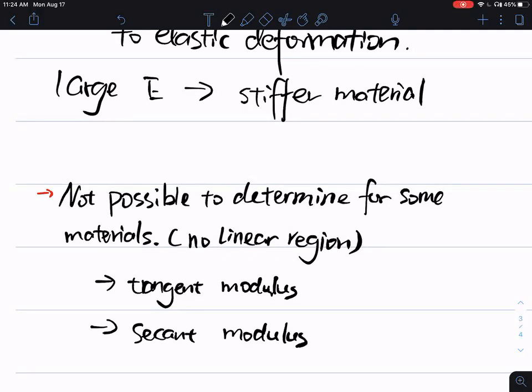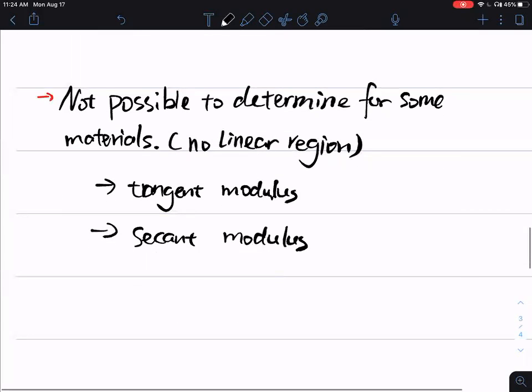Well, we won't touch materials with no linear region in this class. So most of the materials would have a linear region for you to determine the slope, which is Young's modulus. But for non-linear materials, you have two other methods to determine Young's modulus.